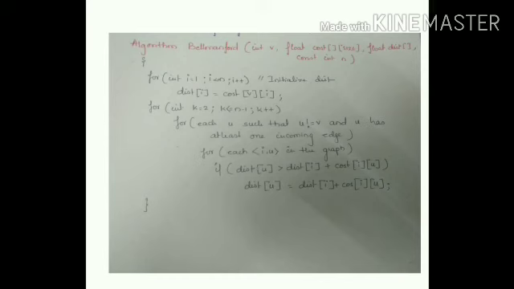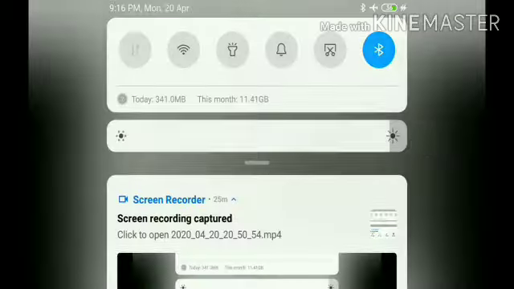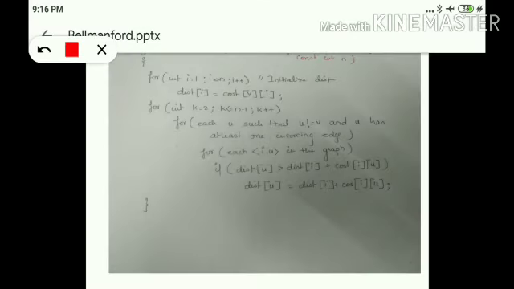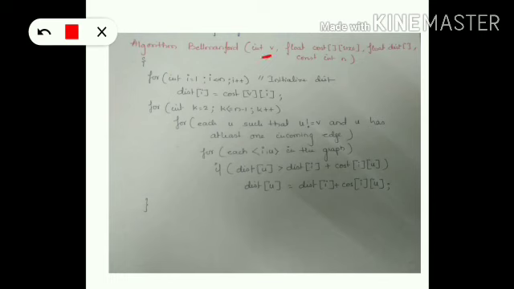Okay, so coming to the Bellman-Ford algorithm here, you are given the source vertex V, you are given the cost matrix, you are supposed to calculate the distance matrix, and you have the number of vertices.